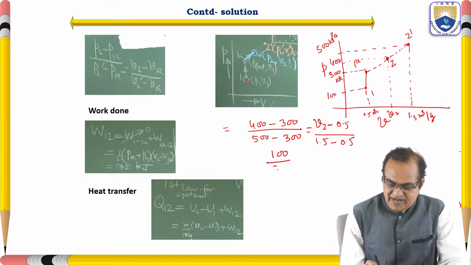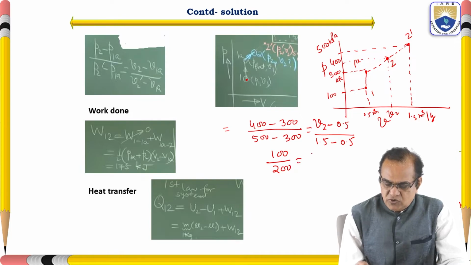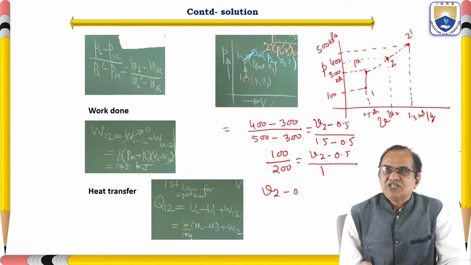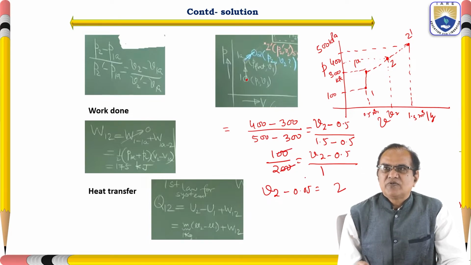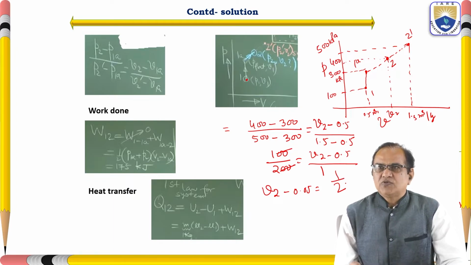So 100 divided by 200 is equal to (V2 minus 0.5) divided by 1. So V2 minus 0.5 is equal to 1 by 2, or 0.5.